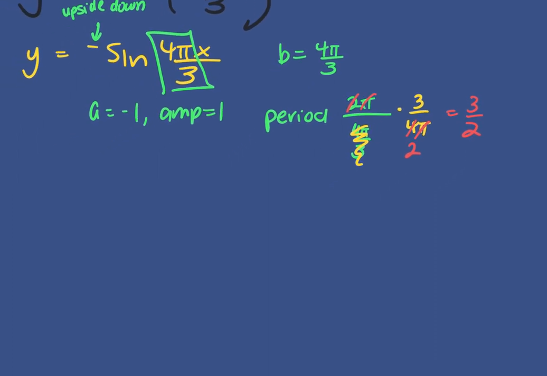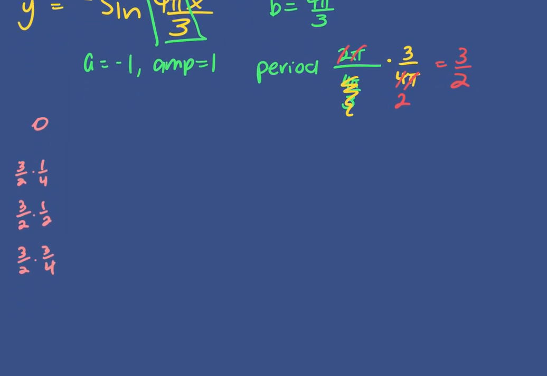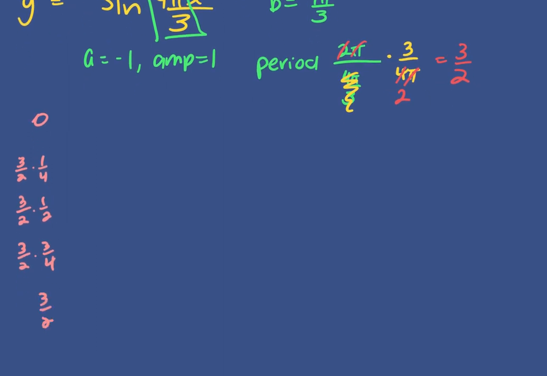Now the first key point is 0. The next one would be 3/2 times 1/4. Then 3/2 times 1/2. Then 3/2 times 3/4. And then the last one is 3/2.